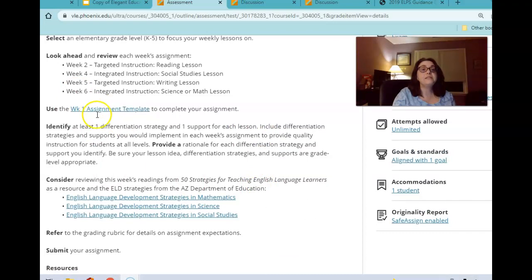There's a template here that I will open up in a second. Basically what you're doing is just providing a little summary about the lesson, and then 1 differentiation strategy and 1 support for each lesson, and then just include your rationale, or why you would use this and why it's a good idea.